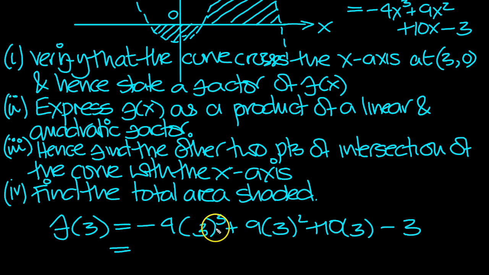3 cubed is 27. 4 27s is 108, so it's minus 108. Tap it in the calculator if you need to. 9 nines, 3 squared is 9, 9 nines are 81. 10 threes are 30, minus 3. So you've got 27 here, and 4 27s is 108.